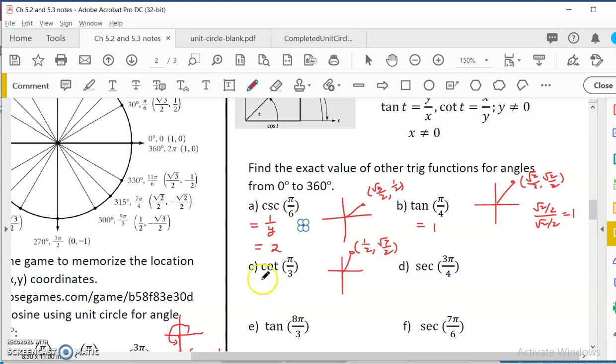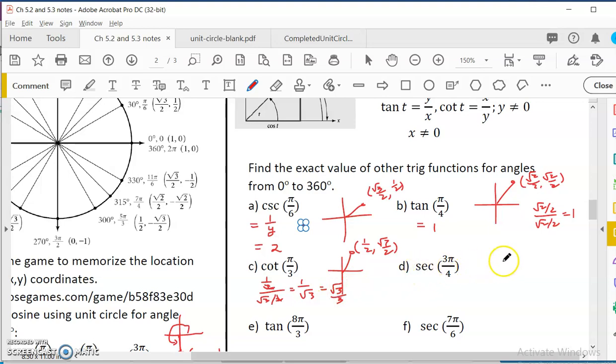X and y, so cotangent is x over y, so it's 1/2 over root 3 over 2. So the over 2 cancel, so it's 1 over root 3. Rationalize it, it is equal to root 3 over 3.